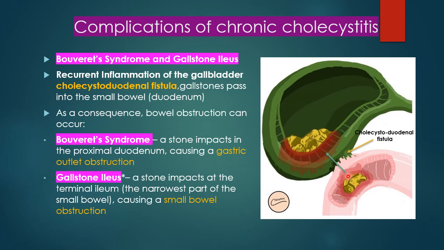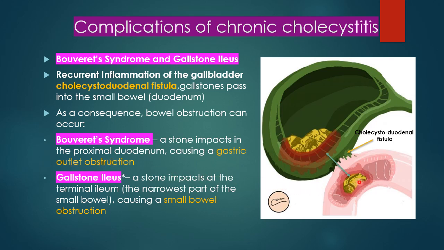And once the stones are in the duodenum, their size may increase and cause intestinal obstruction. It can cause duodenal obstruction leading to gastric outlet obstruction, and the patient presents with profuse vomiting. Okay, that is the gastric outlet obstruction, which is known as Bouveret syndrome.